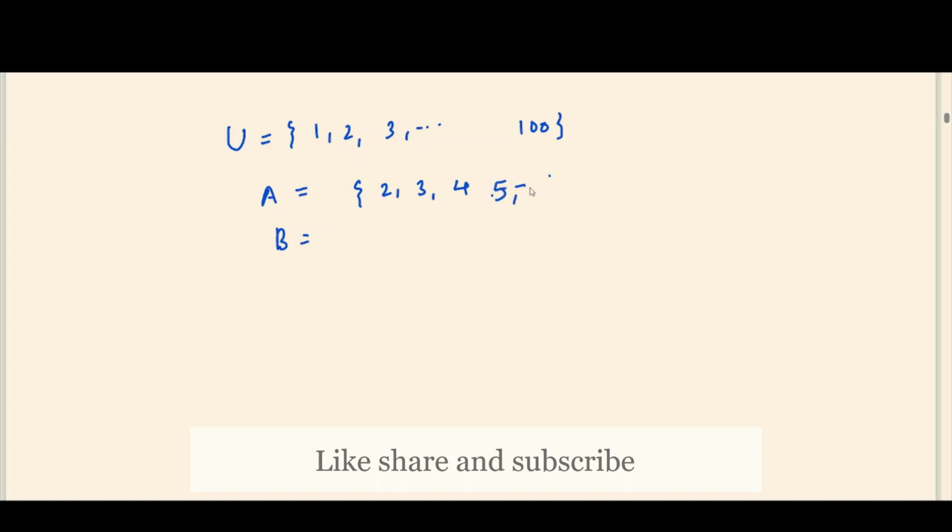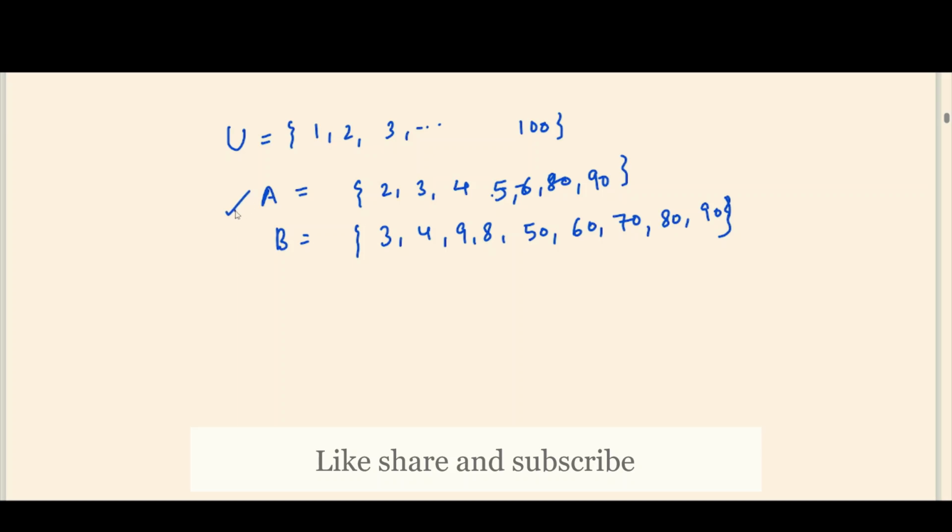Like suppose we have A with 6, 80, 90, and suppose this one, B, has 4, 9, 8, 50, 60, 70, 80, 90, and so on. So till 90, this many elements are there in B.